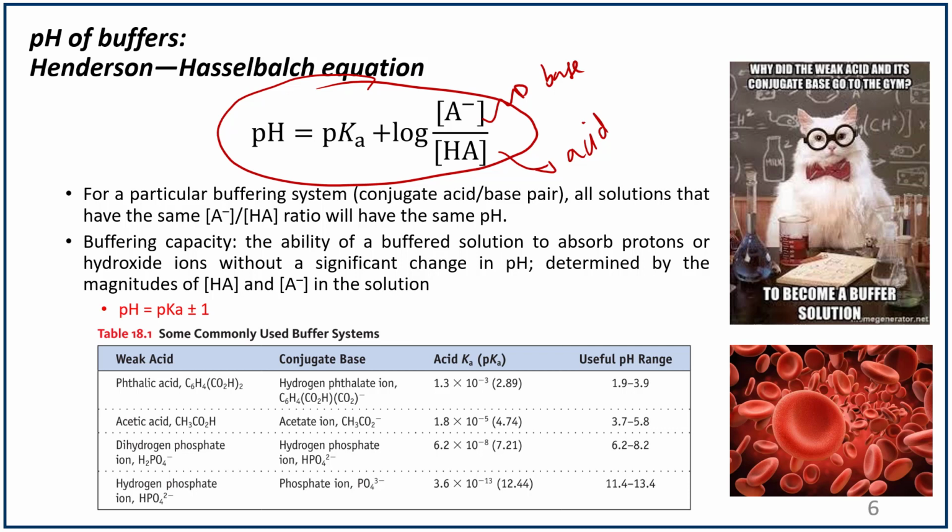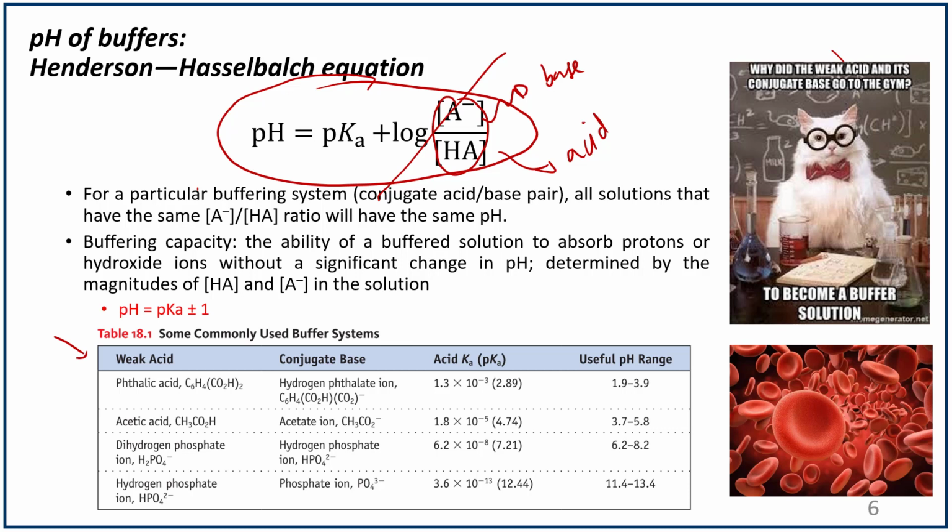Now, the buffering capacity that I've actually shown you before, basically this exact table, is a pH range at which the concentrations of the base and the acid are equal to each other, such that log of 1 is equal to 0, so this term cancels out, and you have pH is equal to pKa.